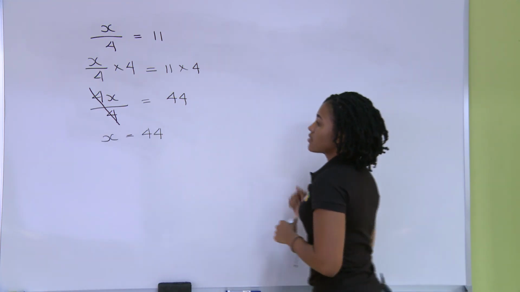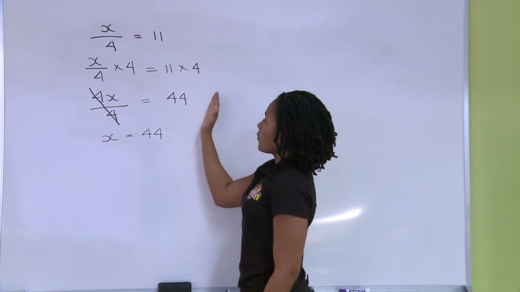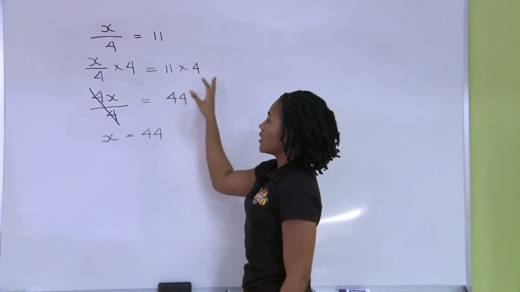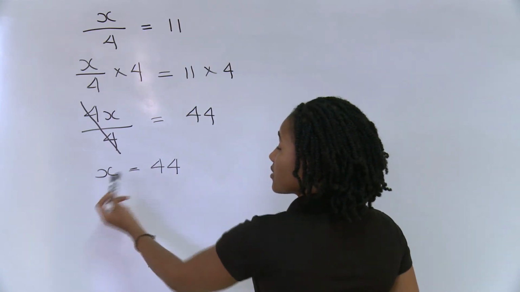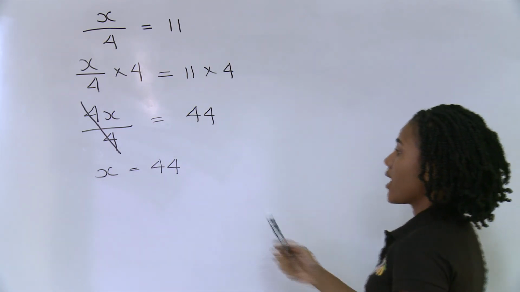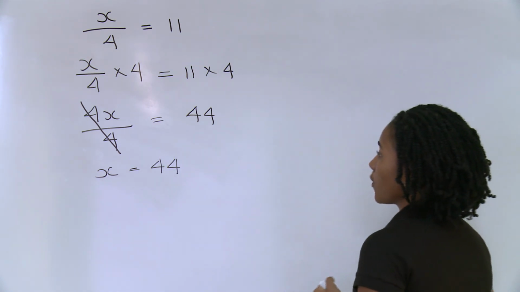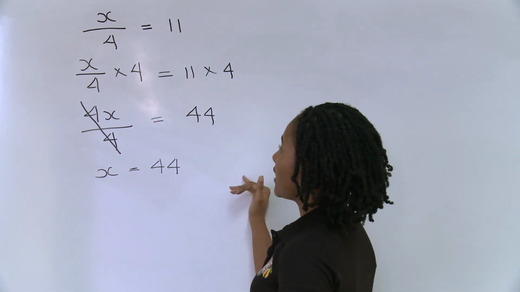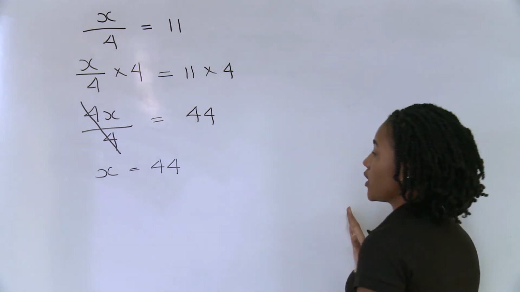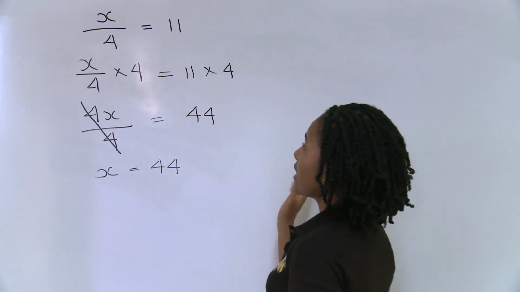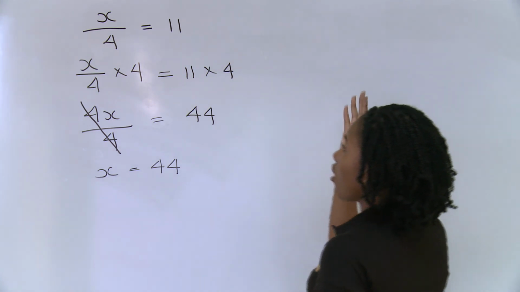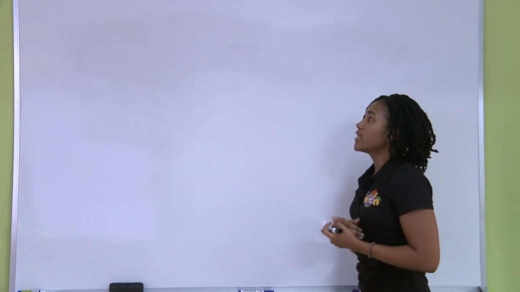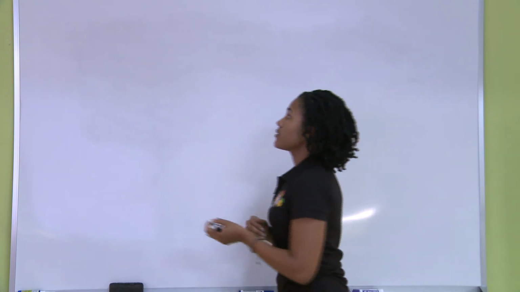So what we have just done is that we solved our linear equation, which means that x is the subject of our equation and x is equal to 44. We would have done so by maintaining balance on both sides of the equation by multiplying by the same quantity or constant. Let me demonstrate a few more examples.